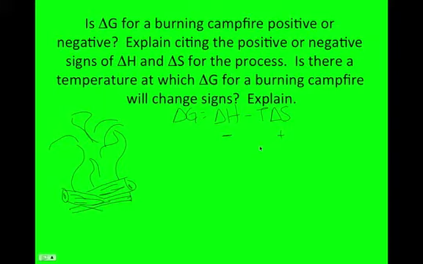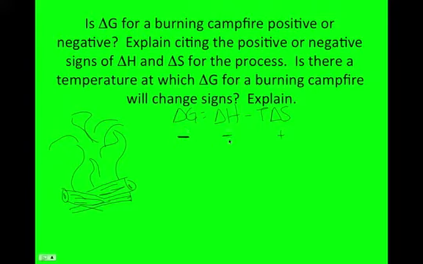And so delta S is going to be positive. If you remember from the table on the slide before, and if you don't, pause this, rewind it, look at the table, and then come back, you know that anytime we have a negative delta H and a positive delta S, delta G is going to be negative no matter what. It doesn't matter what the temperature is. So is delta G for a burning campfire positive or negative?